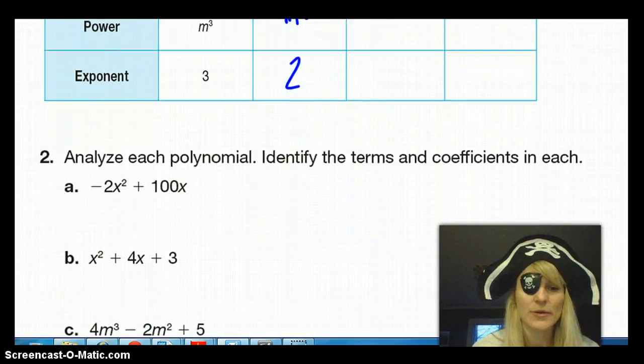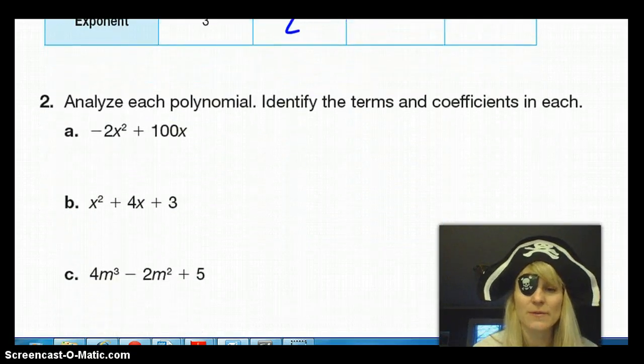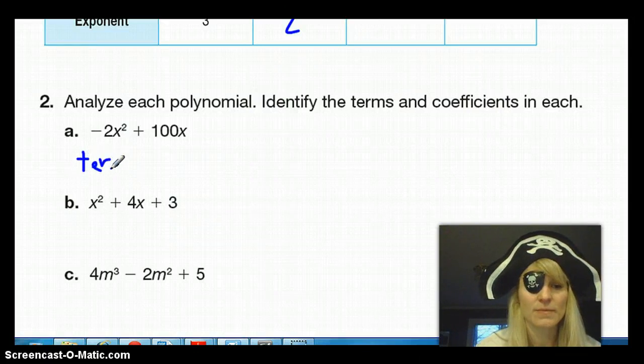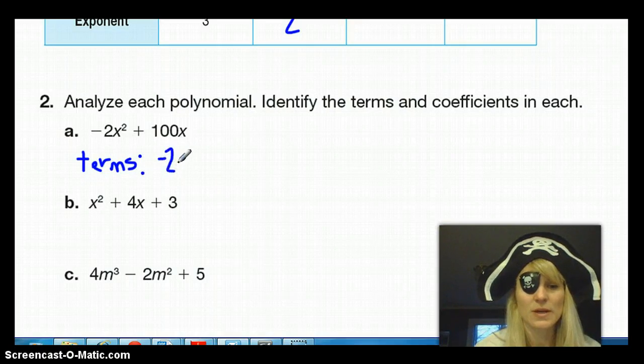And the next part below it says analyze each polynomial, identify its terms and its coefficients. So first we're going to identify the terms. There's 2 of them. So we're going to write terms here. And the 2 terms are negative 2x squared. And the other term is a positive 100x.